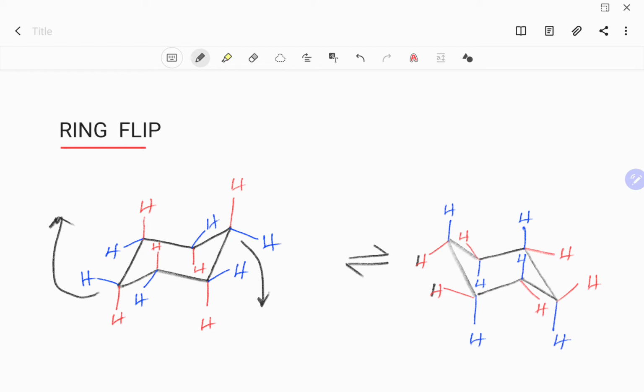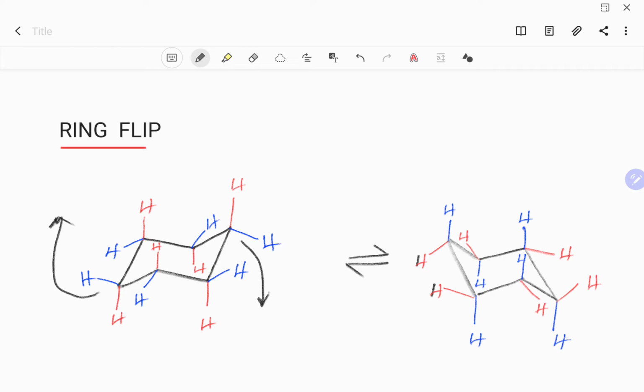First, we are going to discuss this concept called ring flip. Ring flip is defined as interconversion of chair conformations, resulting in the exchange of axial and equatorial positions. When you have a chair conformation, it can easily flip.